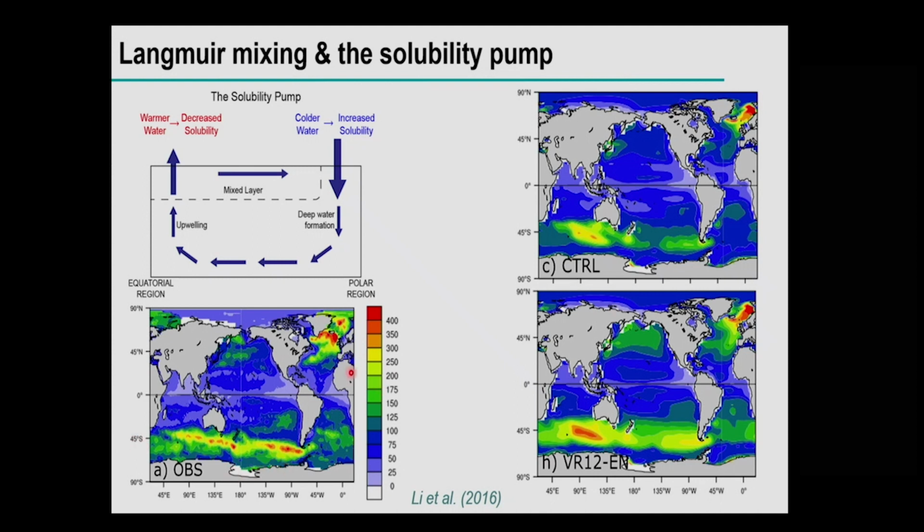Here is for the winters in both hemispheres. These are from observation. This is from an ocean run where we don't have Langmuir circulations and mixing in there, so we have biases in those regions, and then there are different ways of going about this. It's just to illustrate that if we input something about Langmuir mixing, we get something closer to reality.